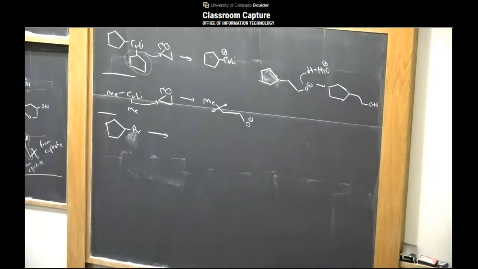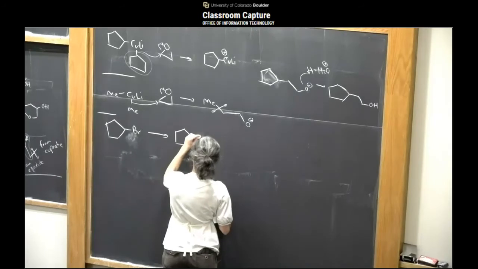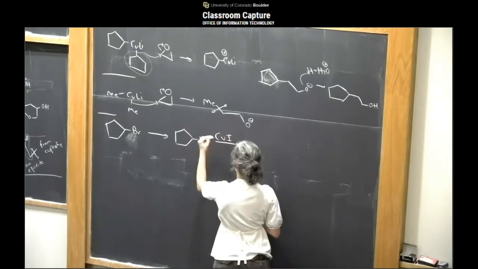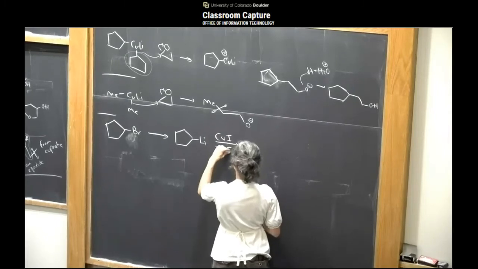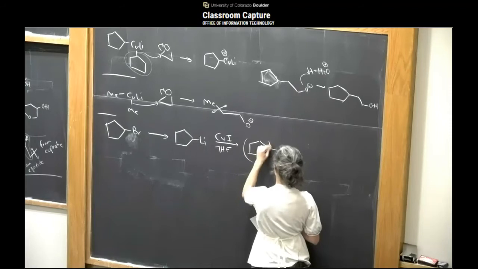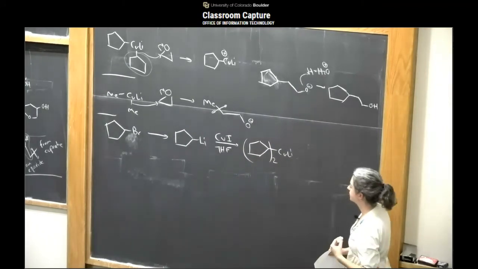It's pretty similar to this, except I need just a lithium on there instead of the copper. So if I can convert this into the alkyl lithium, then I can bring in copper iodide, for example, and THF. Get two copies of it stuck on there.